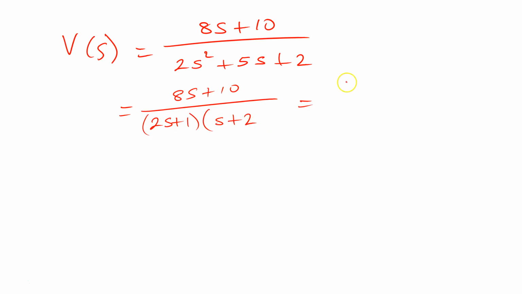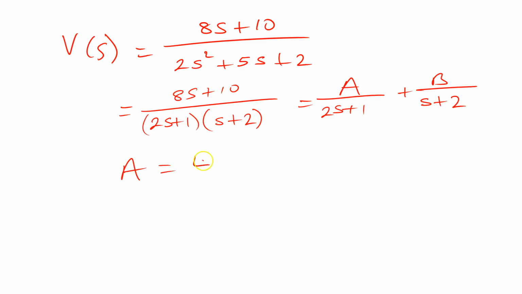And this is the same as A over 2s plus 1 plus B over s plus 2. And I can equate my coefficients just like we did before. You could work through this, and you should get A is equal to 4 and B is equal to 2.